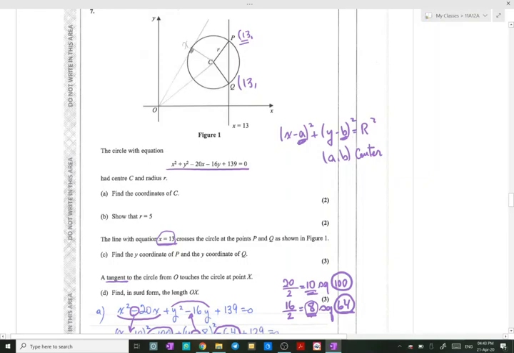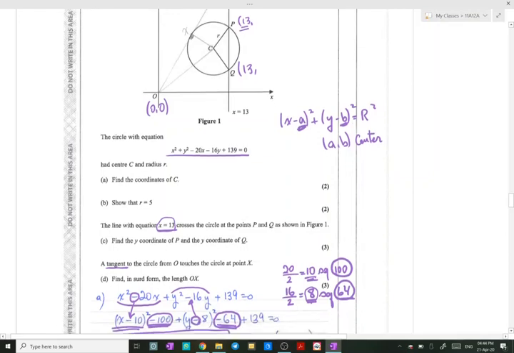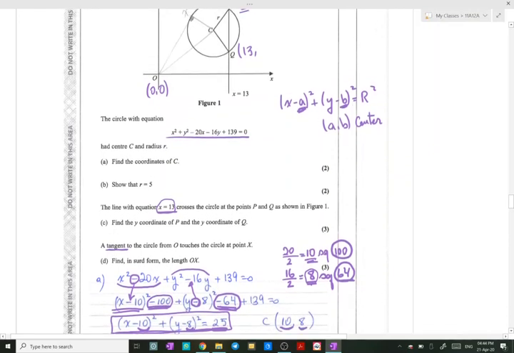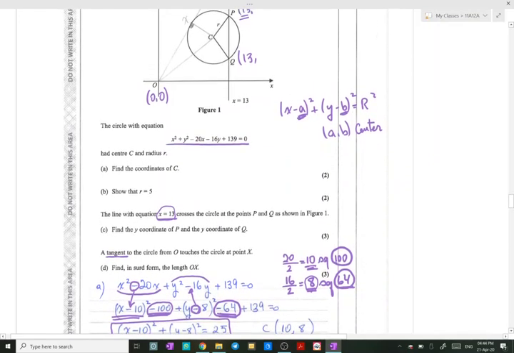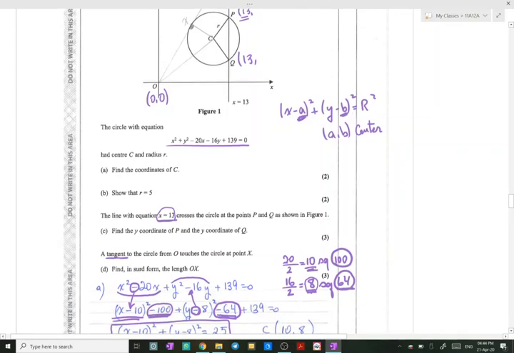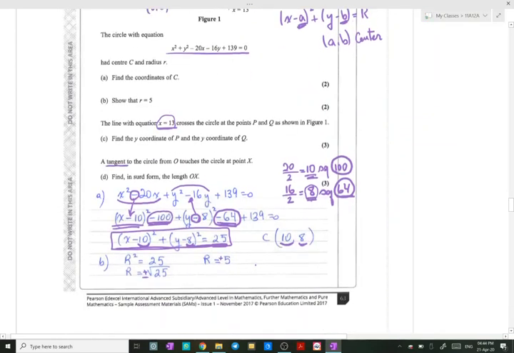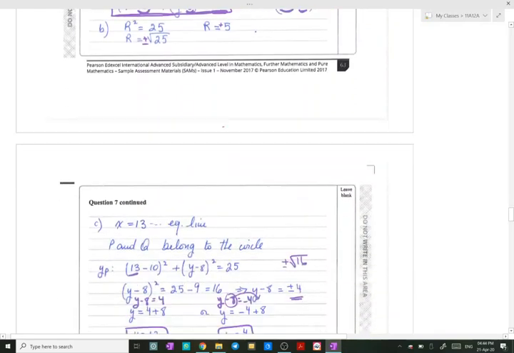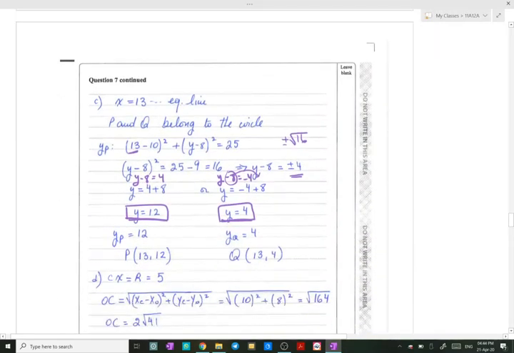We know that O has coordinates 0, 0. Now we need to find the coordinates of X, or use another method in order to solve and find this length.